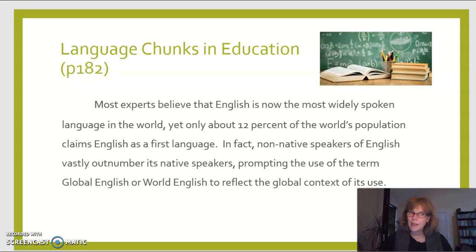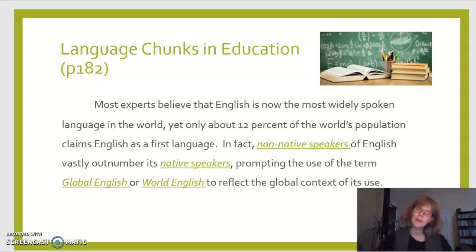A few of the chunks that I underlined, and maybe this will be familiar: non-native speakers, native speakers, global English, world English. These are phrases that we use really to refer to just one thing. We use these words as though they were one word, native speakers.